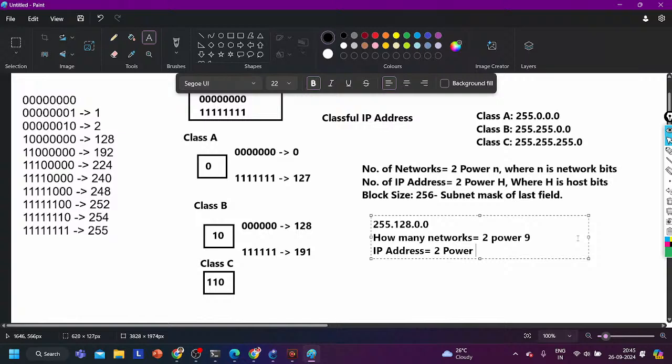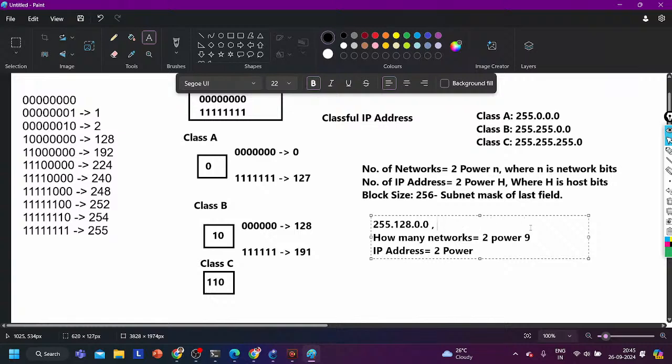What is the value of h? h is host bits. How many host bits are there? How many network bits? You are able to see in this subnet mask 9 bits are network bits. That means out of a 32-bit IP address, if 9 bits are network bits, how many host bits are there? 23.